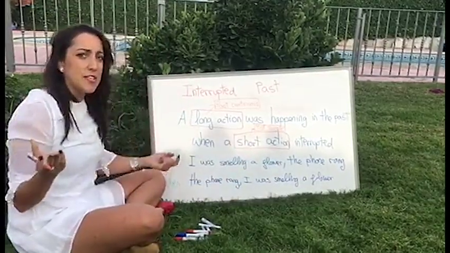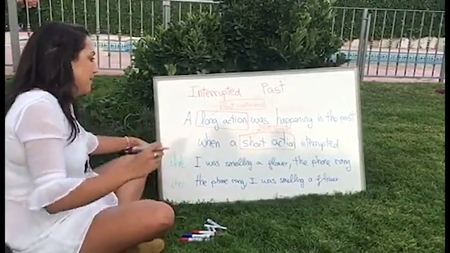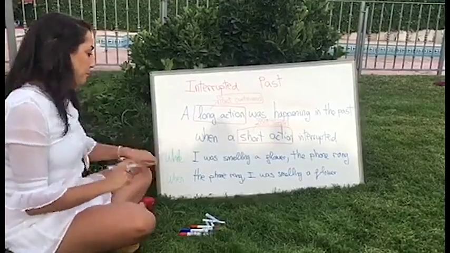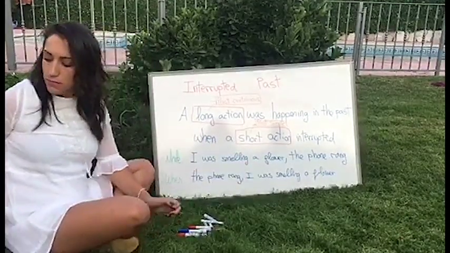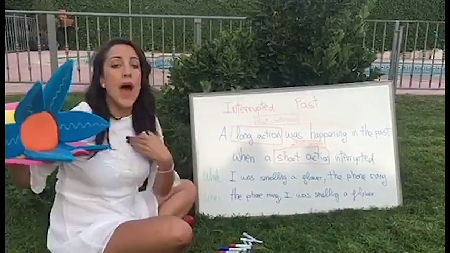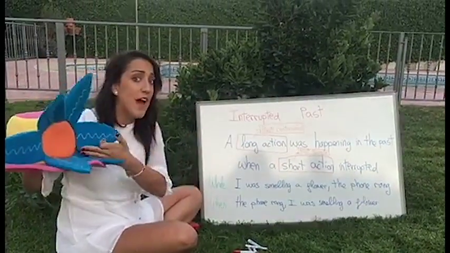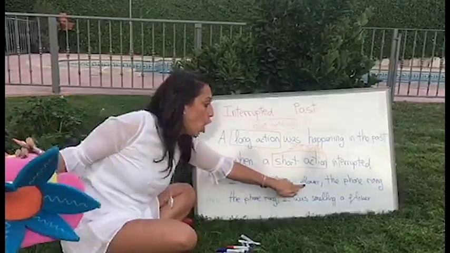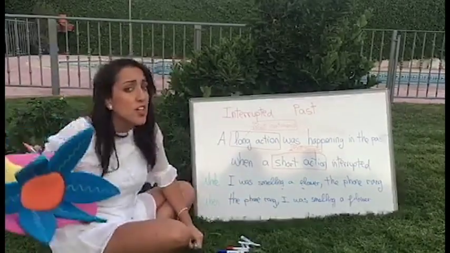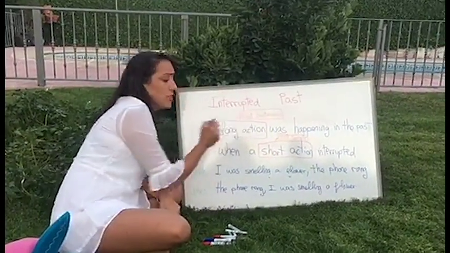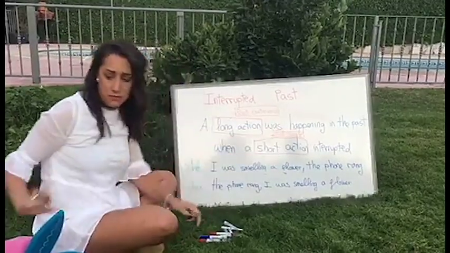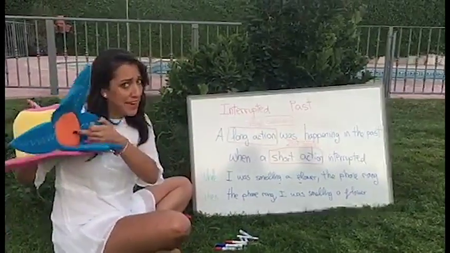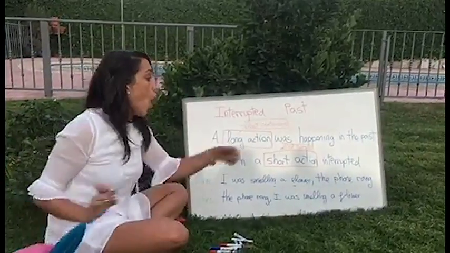What's the meaning of that? Well, for example, here with the example, while I was smelling a flower, this is a long action, so because of that we use past continuous, okay? A long action was happening, I was smelling the flower.